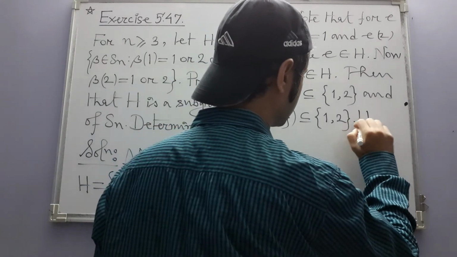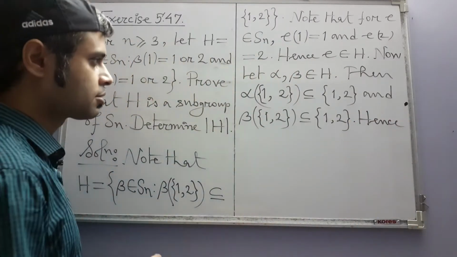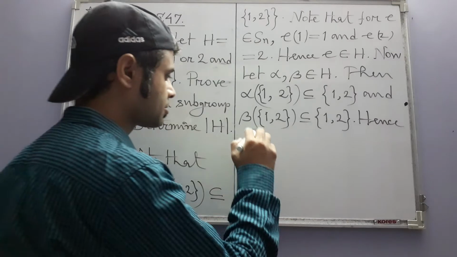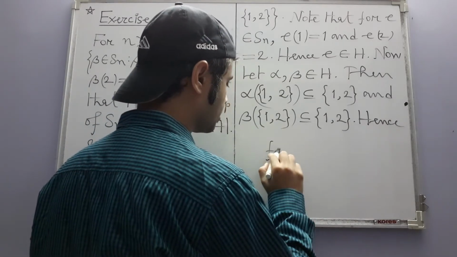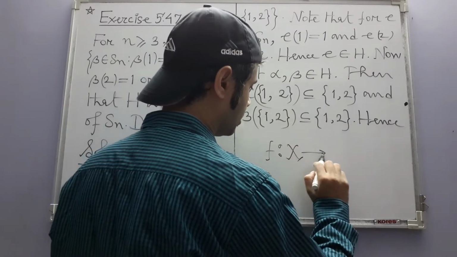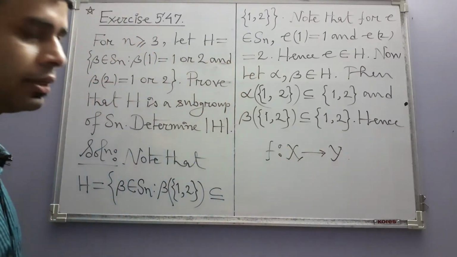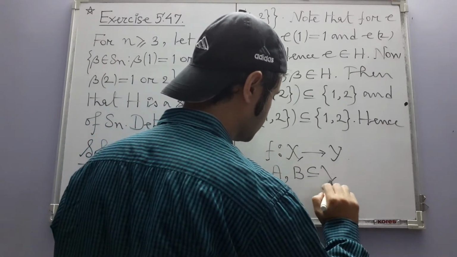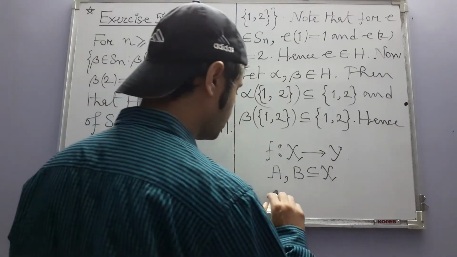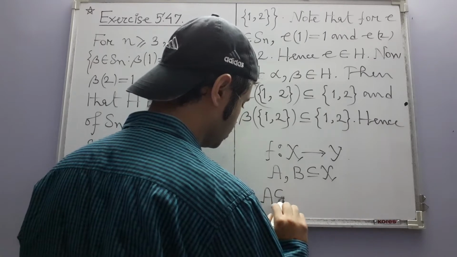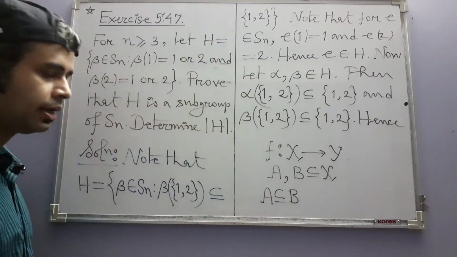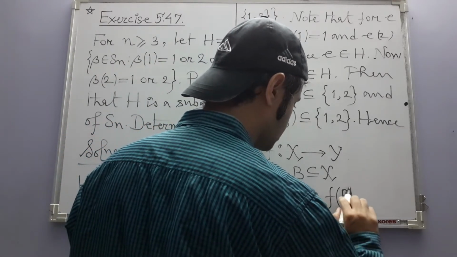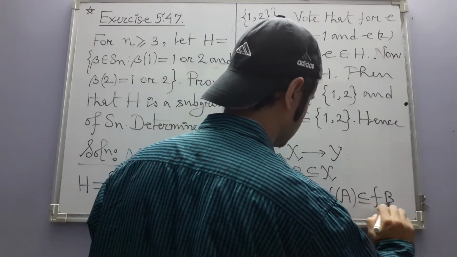Hence, now because direct images respect inclusion, what that means is that if you have any function f from some set x to another set y, and you have two subsets A and B of x which are related to each other by a relation like this, that A is a subset of B, then the images of these sets are also similarly related.